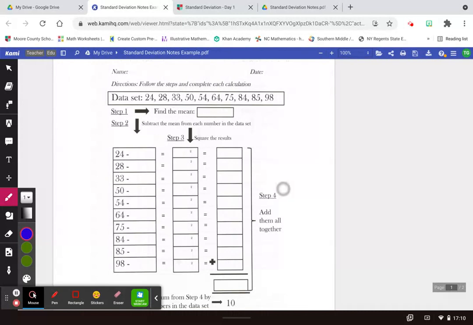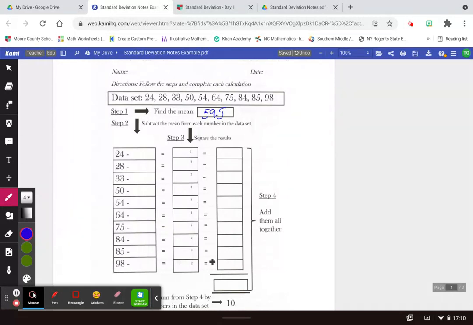Okay, so welcome back. So that means if you did this, you would have found out that your mean is 59.5. Okay, so that is the mean of this data set. Okay, now step number 2 is to subtract the mean from each number in the data set.